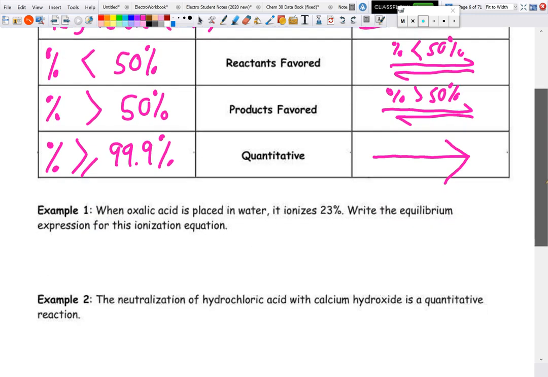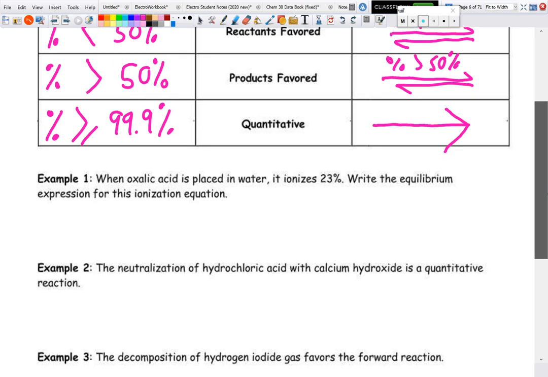For example, if you're given something like this: when oxalic acid is placed in water, it ionizes at 23%. Write the equilibrium expression for the ionization constant. If you remember, acids ionize. So we have HOOCCOOH. You can use the Arrhenius theory or the modified Arrhenius theory for the ionization.